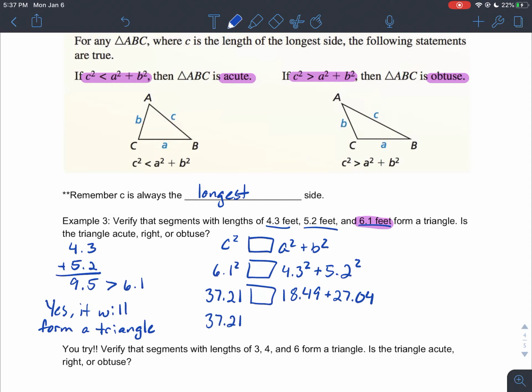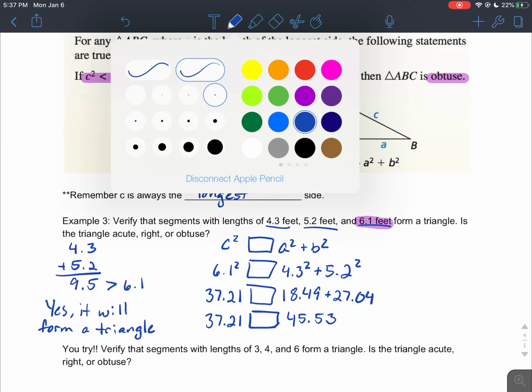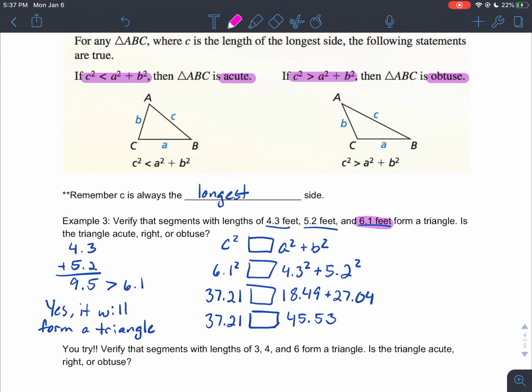So bring down the left side, the box, and then 18.49 plus 27.04 is 45.53. So since 37.21 is less than 45.53, it's less than it, right?